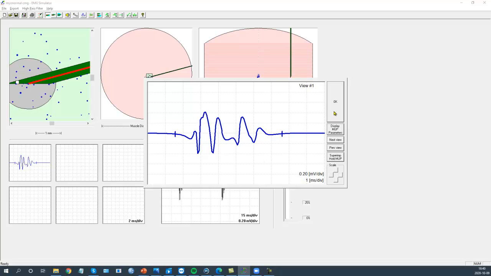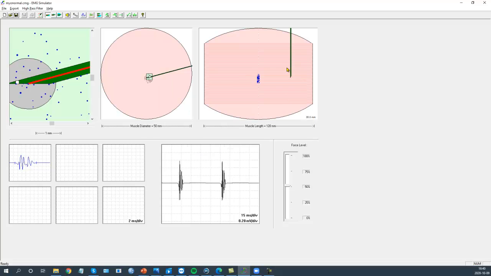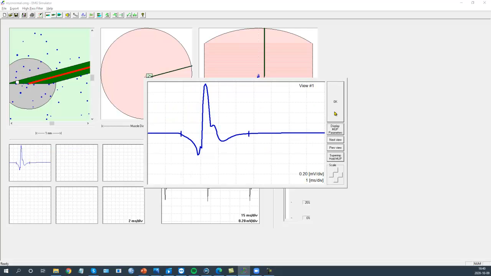And that is because we have an increased temporal dispersion. There is a greater difference in arrival time between the fast action potentials and the slow action potentials, and the other way around, that when we have shorter distance, we're closer to the end plate, then we get very homogeneous normal looking motor unit potentials.